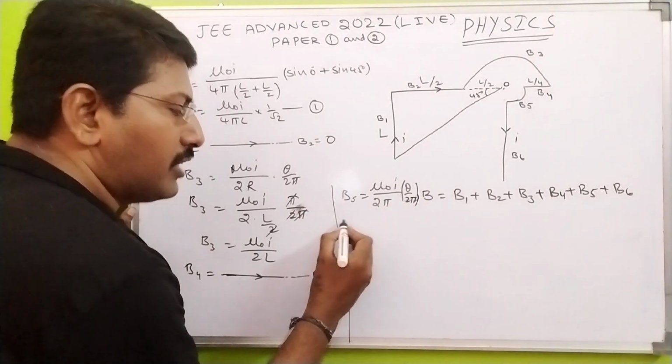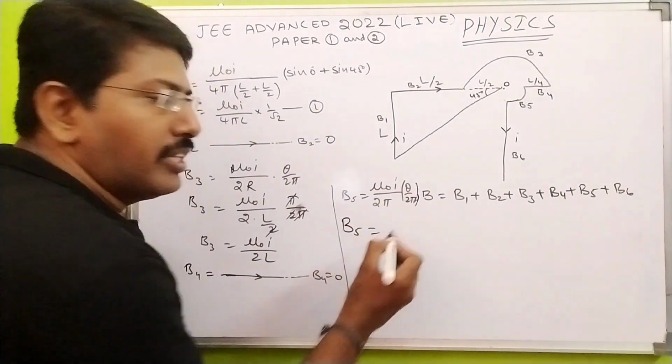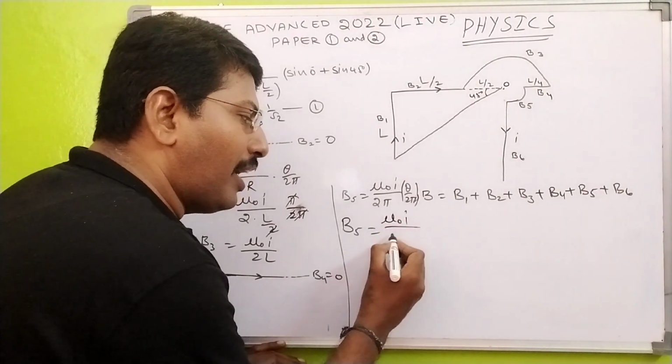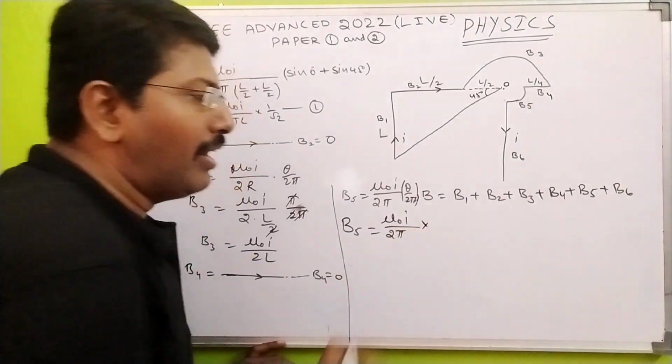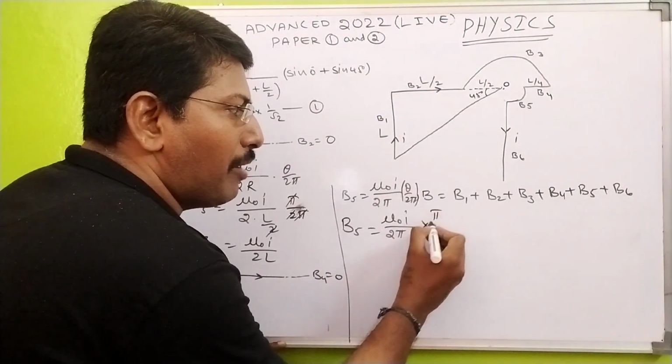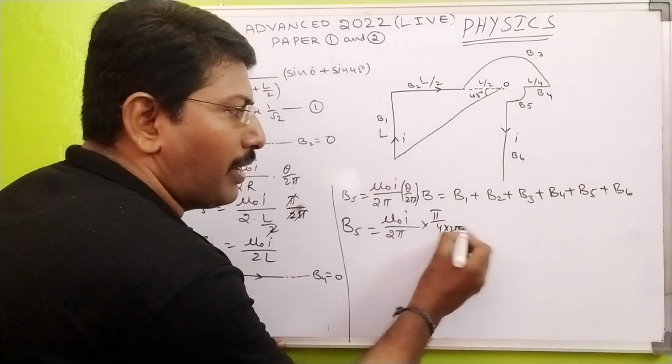Okay. So if you see here, B5 is equal to mu naught I by 2R, and the theta value is given. This is a quarter of a circle, meaning pi by 2 into 2 pi.